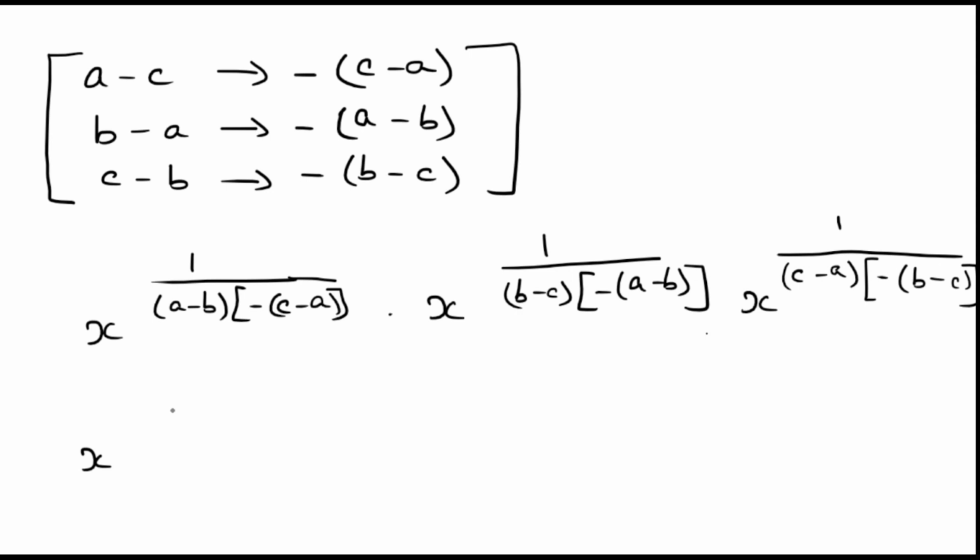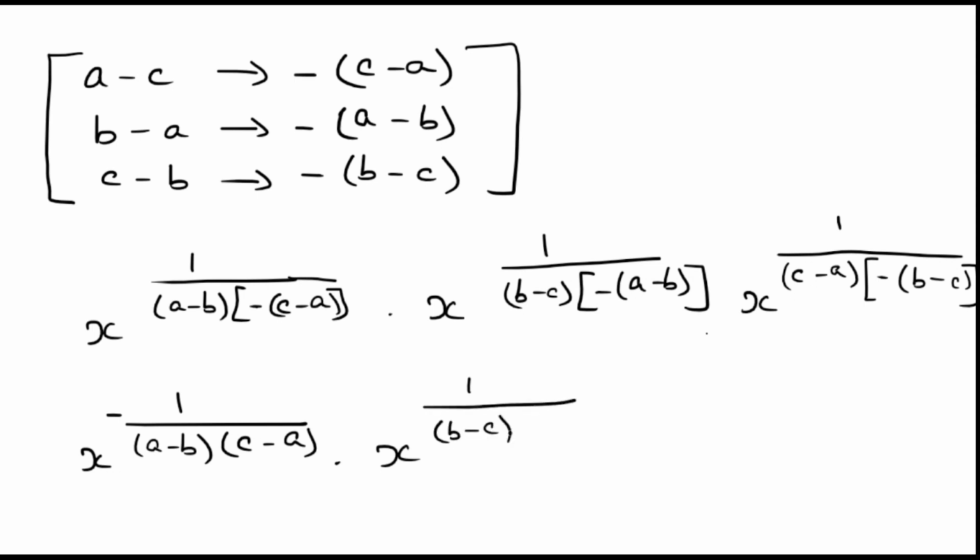So you'll be getting 1 divided by (a minus b) into (c minus a). This minus, I'm taking it here. So similarly into x to the power 1 divided by (b minus c) into (a minus b). This minus, I'm taking it here.